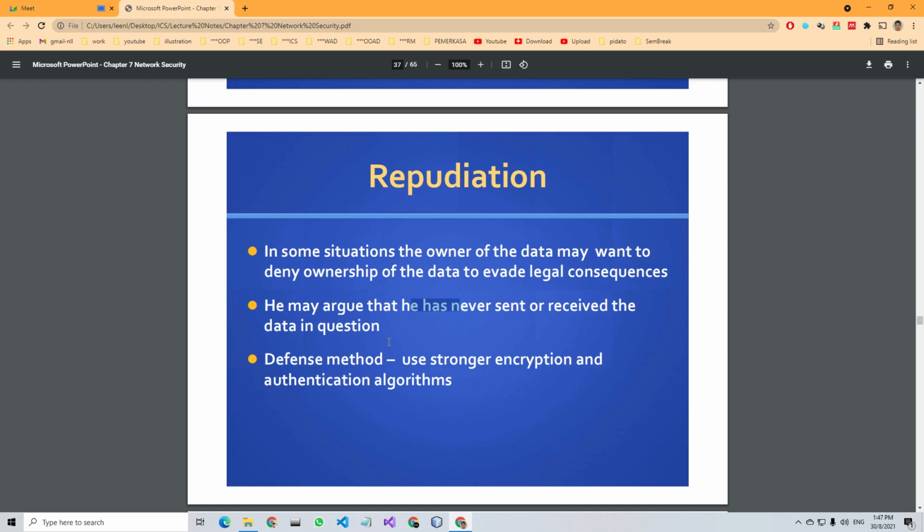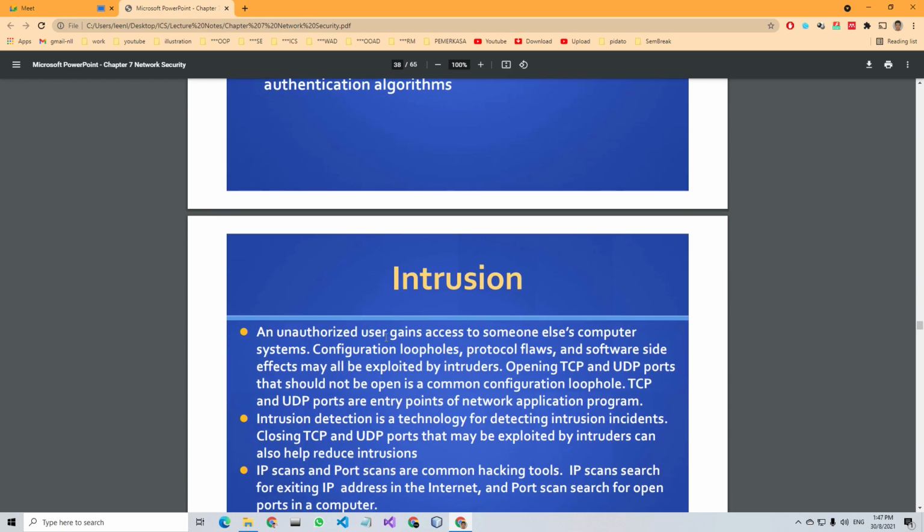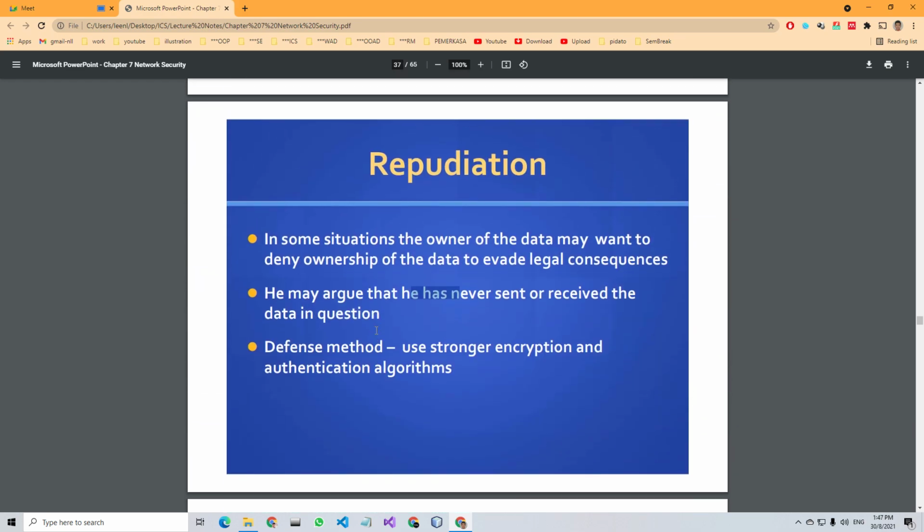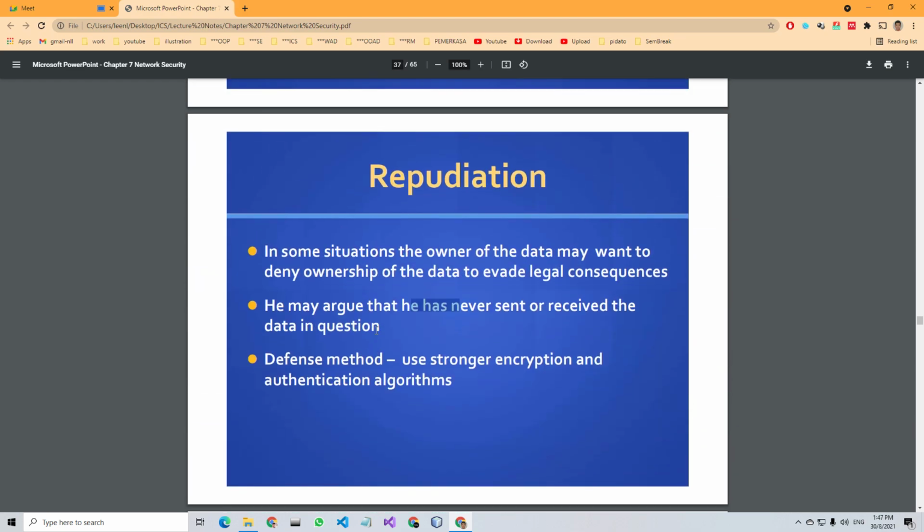Okay. A common type of repudiation attack involves a customer who claims that they never received a service which they were billed for.